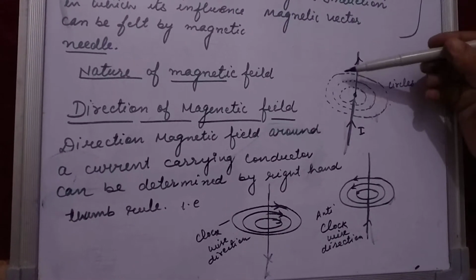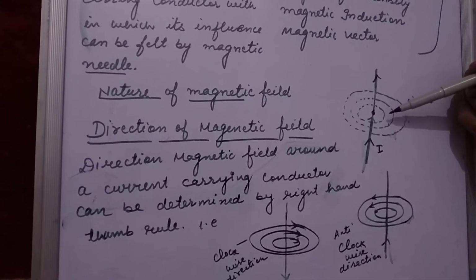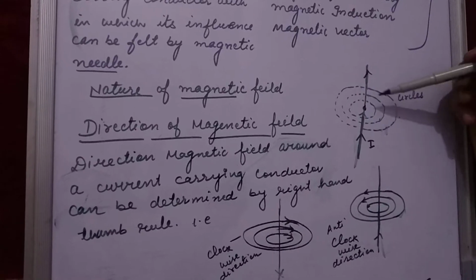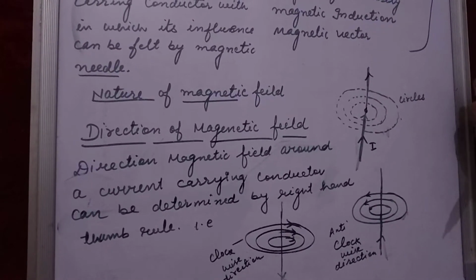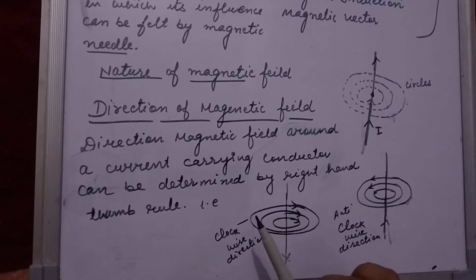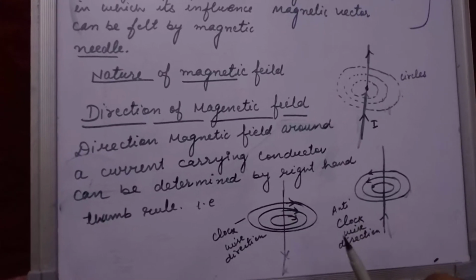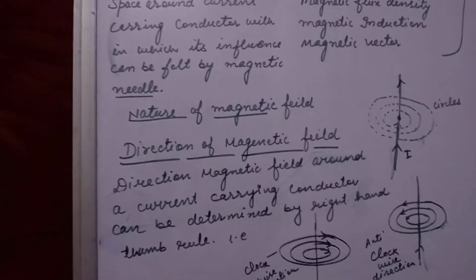Now, the magnetic field produced around the conductor is in the form of circles. What is the direction, clockwise or anti-clockwise? We can determine the direction of the magnetic field by the right hand thumb rule. What is the right hand thumb rule?